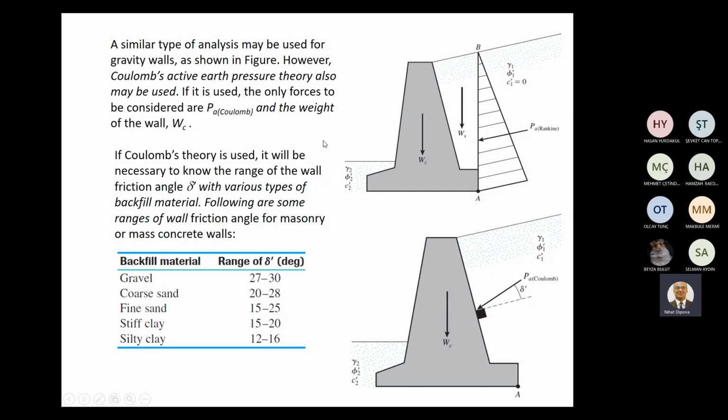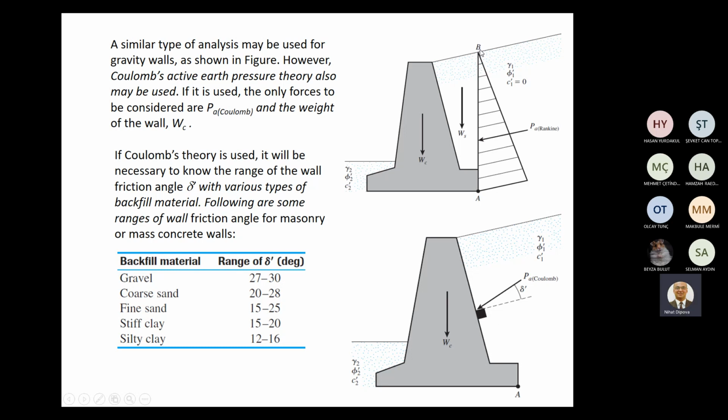Remember that we have another theory, Coulomb theory. It's rarely used, but if you want to use it, of course, it can be applied. The only difference between Rankine and Coulomb theory is the assumption of friction along the wall.